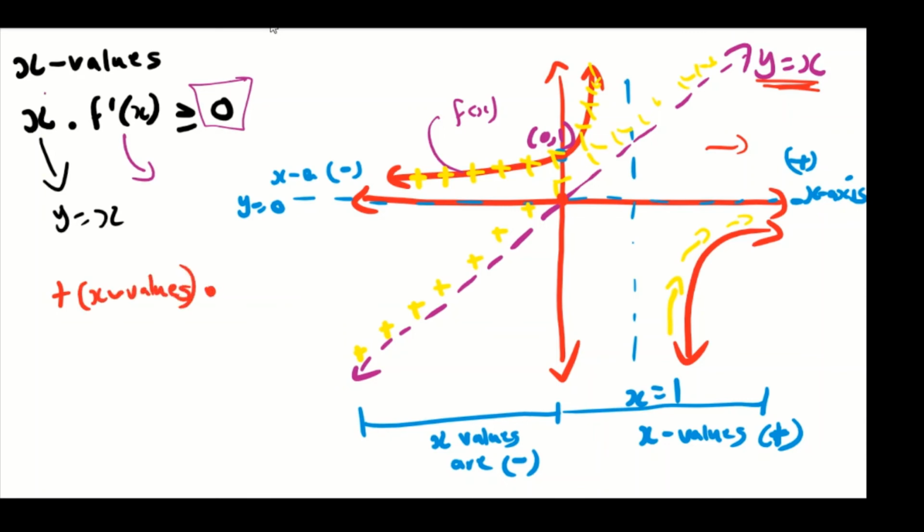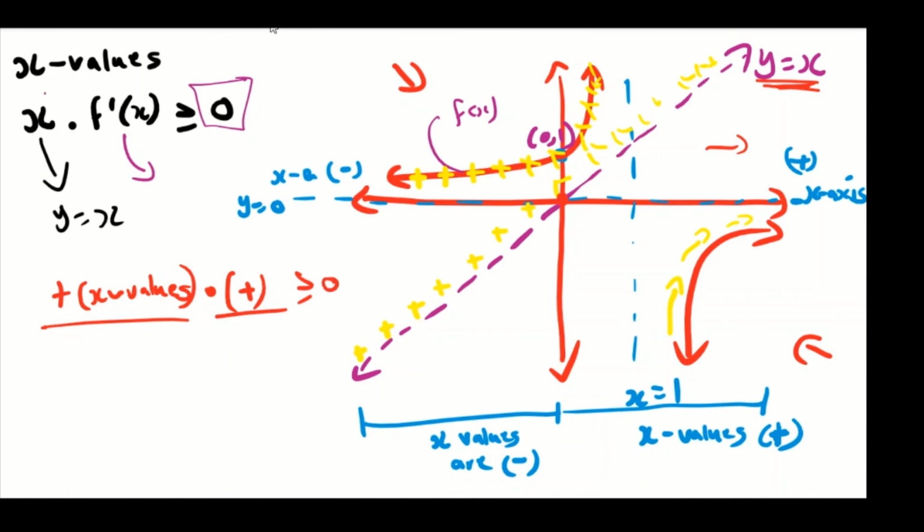And then you multiply by the gradient. So the graph is increasing, right? Whether you look at it on this side or on this side, the graph is increasing. If something is increasing, it has a positive gradient, meaning the positive x values and the positive gradient will definitely give you a solution that is greater than or equal to 0.